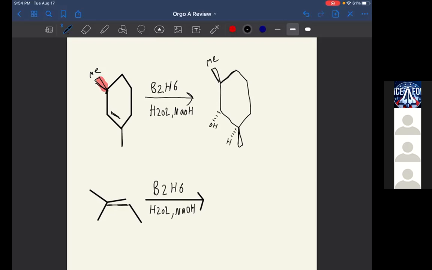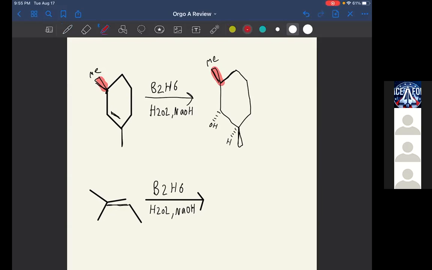So that's a syn addition. You see how they're both added via dashes, and by being added via dash, of course, that pushes the methyl into a wedge. And there'd be no enantiomer once again, because BH3 hydroboration is very stereospecific.